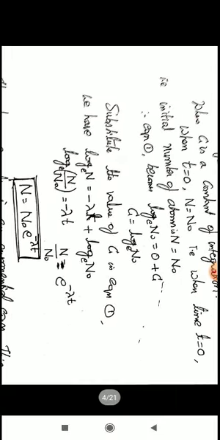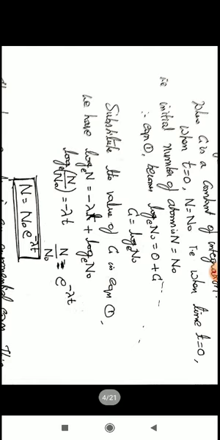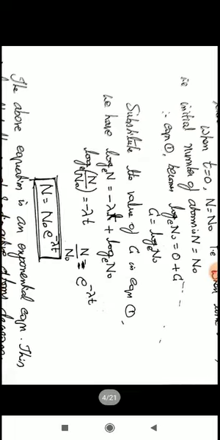Therefore, log n by n0 is equal to minus lambda t, or n by n0 is equal to e to the power of minus lambda t. Finally, we get n is equal to n0 e to the power of minus lambda t.